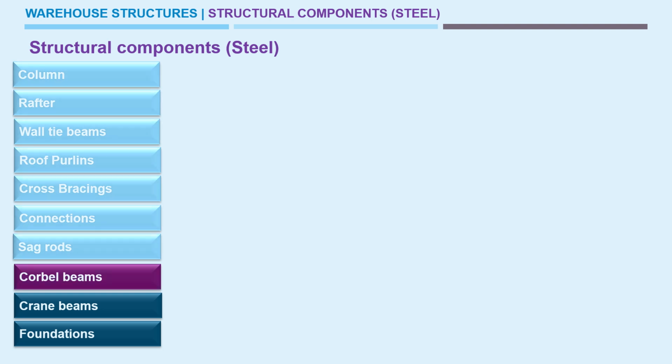Next, coming to the corbel beams. As I said earlier, these corbel beams and crane beams are applicable only for steel structure buildings where a crane or lifting hook is required.